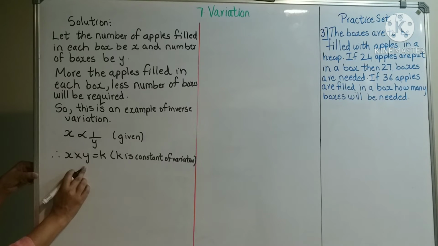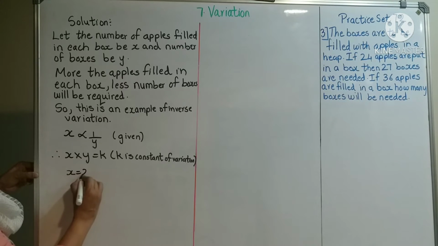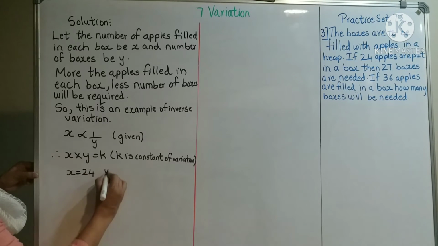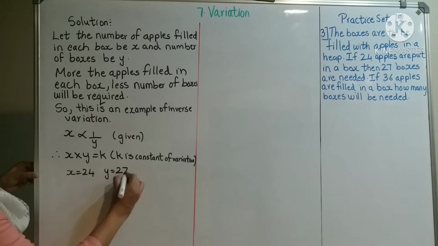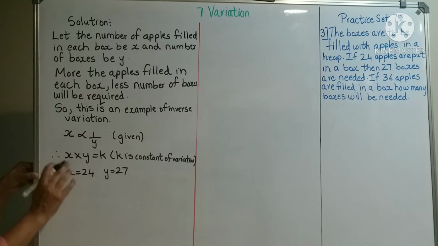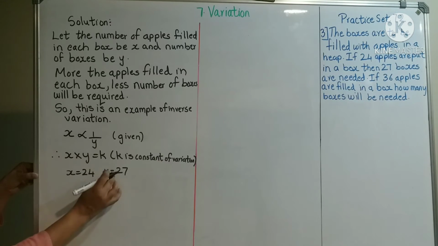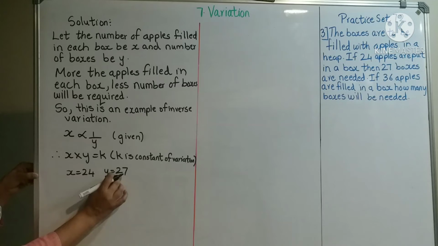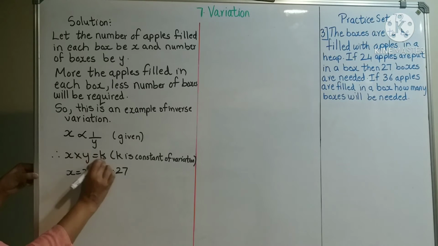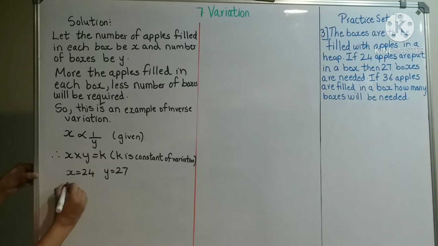And what is that value of x? X is equal to 24, y is equal to 27. That means when we put 24 apples in a box, then we need 27 boxes. So, let us find out the value of k over here.